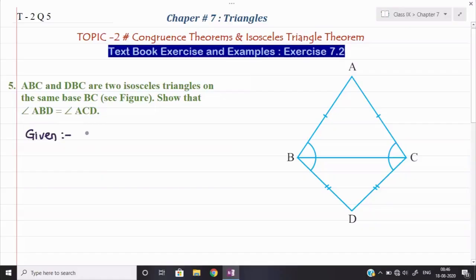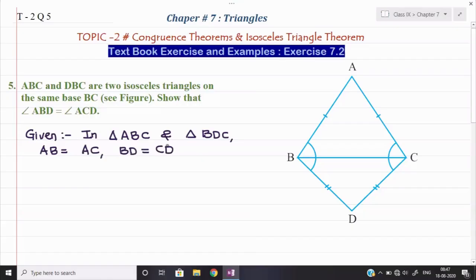In the given, we can say in triangle ABC and triangle BDC, first we are given that AB is equal to AC. AB and AC are given equal. Second, BD is equal to CD. Actually, these two sides are given equal.